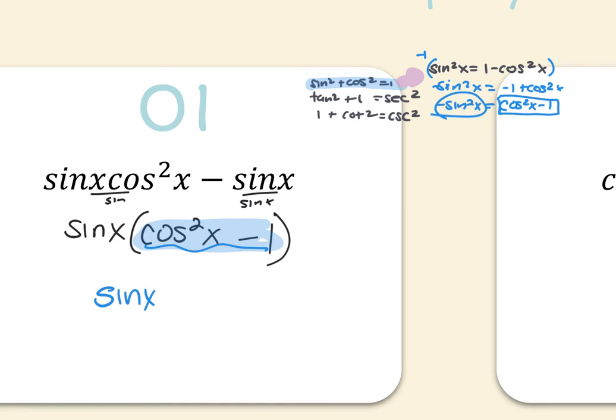I end up with sine of x times negative sine squared x, which is negative sine to the third x. So there's 3 sines, the one from the first one and then the squared from the second one. And that's as simplified as it gets. If you can get it down to one trig function, you're as simplified as you can get.